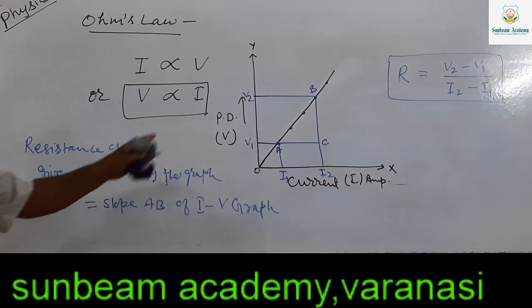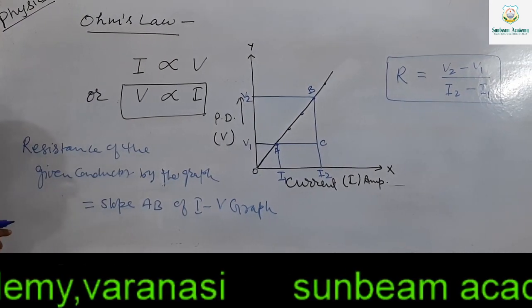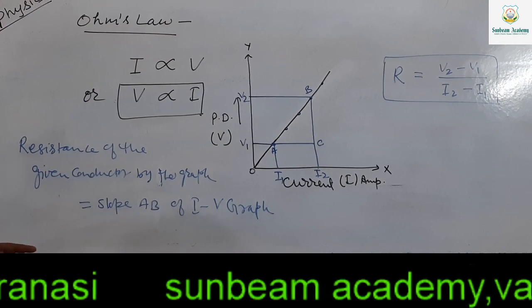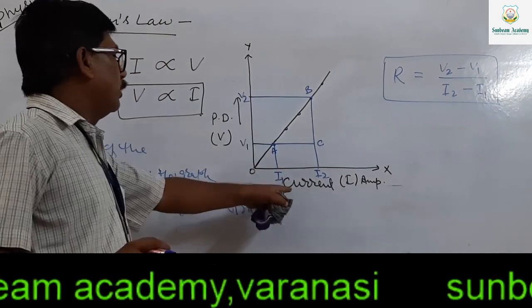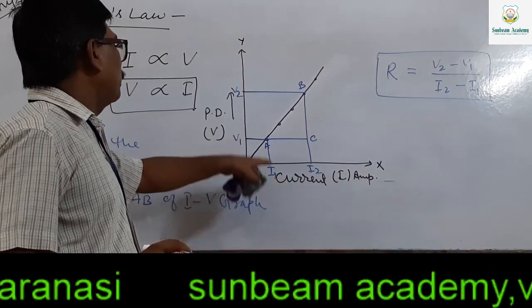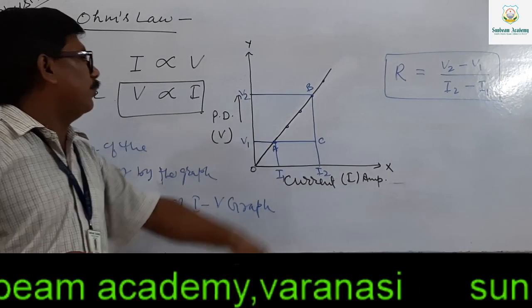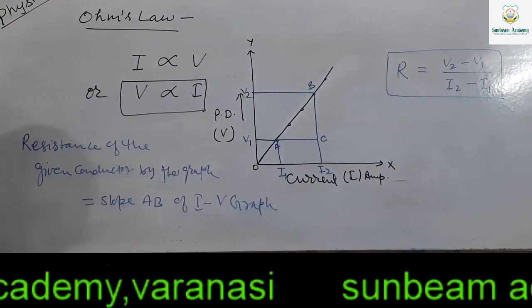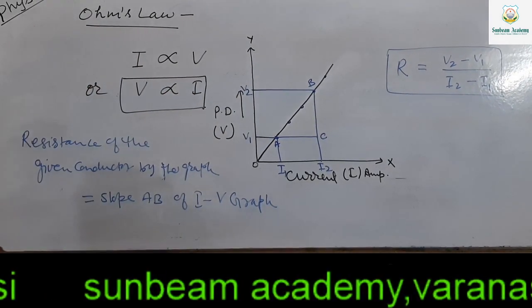Already I have shown you the circuit in the last class, and with the help of that circuit, with the help of ammeter and voltmeter, we will note the value of current and in proportion the value of potential difference, then we plot the graph in this way, and then we will get the value of resistance R of the conductor.